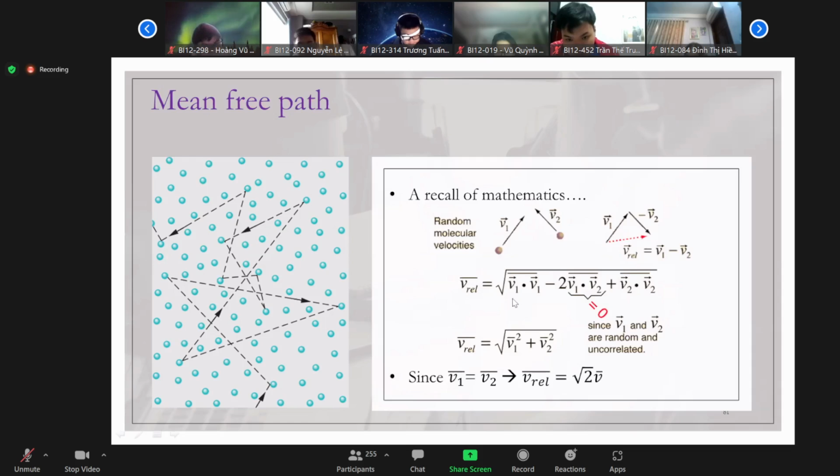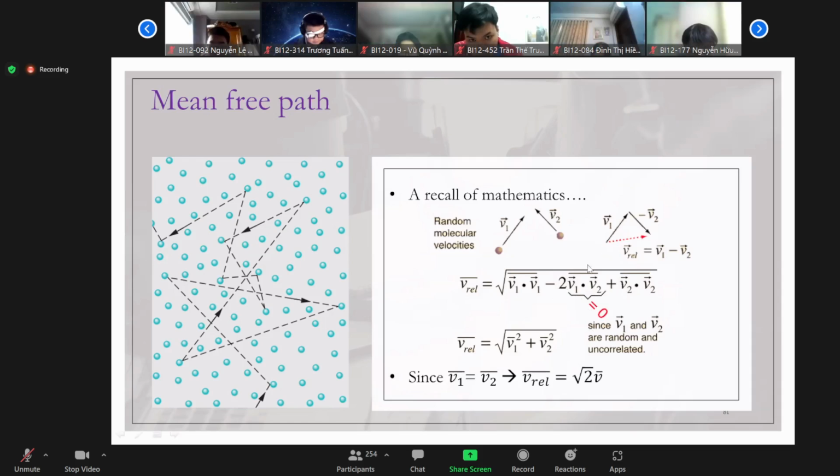Okay, but for random molecular velocity, the product of two random molecular velocities will equal 0. This one equals 0. Then you can rewrite the relative speed as this expression.